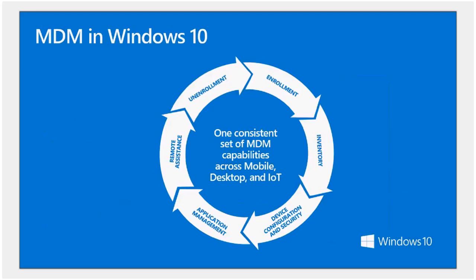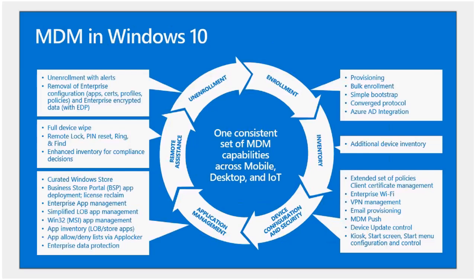When we look at the types of functionality that we want to add in Windows 10, it really addresses all parts of the MDM lifecycle, from enrollment all the way through the unenrollment of the device. On the enrollment side, what we're trying to do is make it simpler to enroll a device through bulk enrollment, which is great for corporate-owned devices when you're buying them hundreds or thousands at a time.